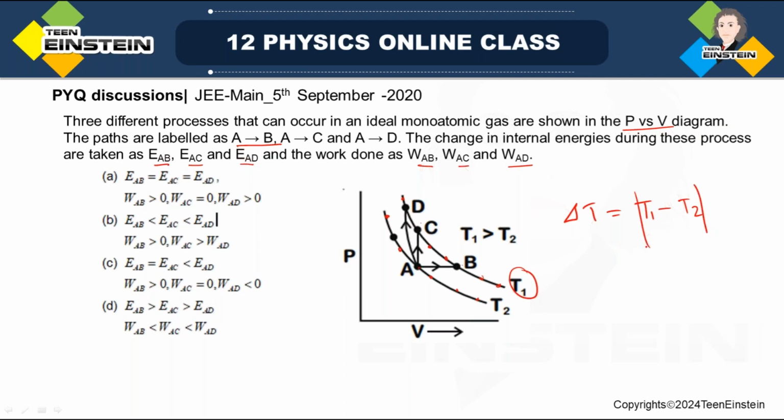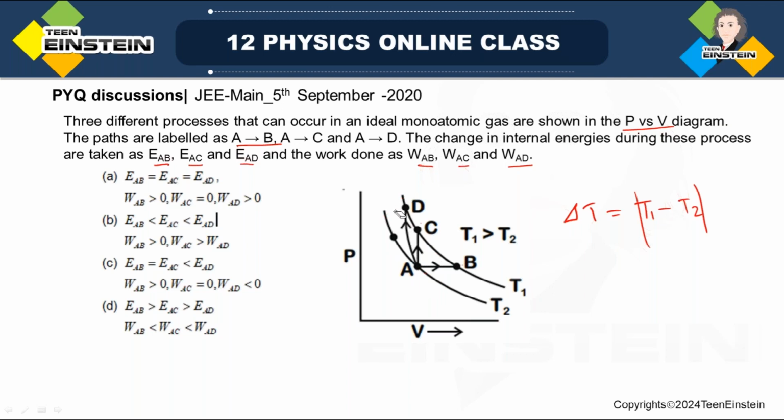Okay, so this is the change in the temperature. Here T1 is greater, so T1 minus T2. So this is the change in the temperature wherever it goes. If it had gone from A to anywhere, the change in the temperature is actually the same.